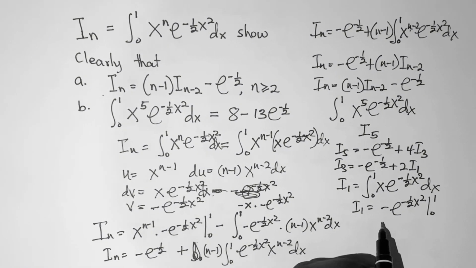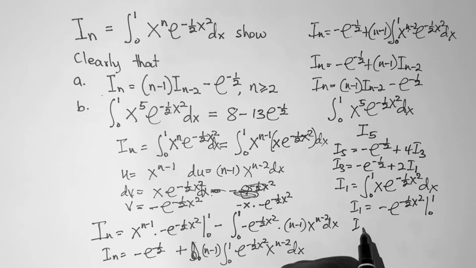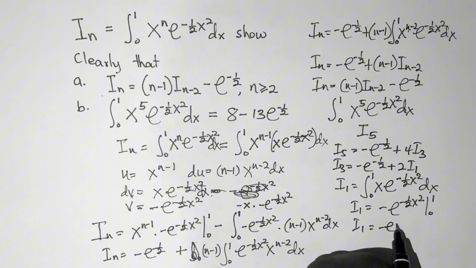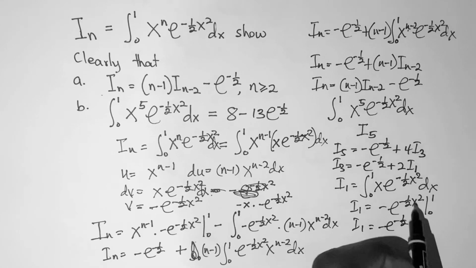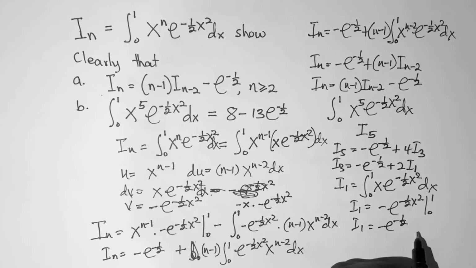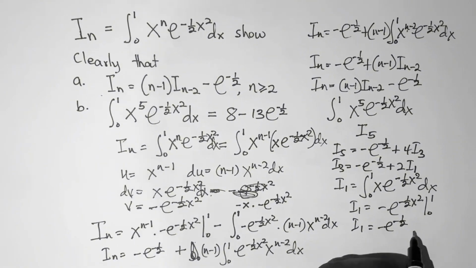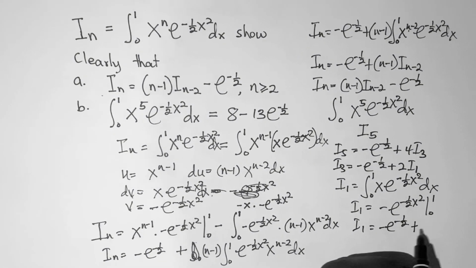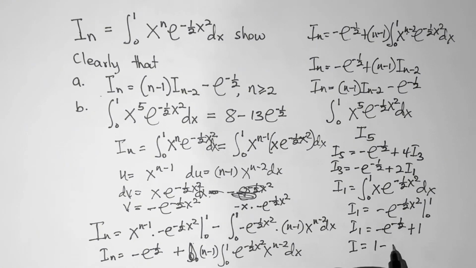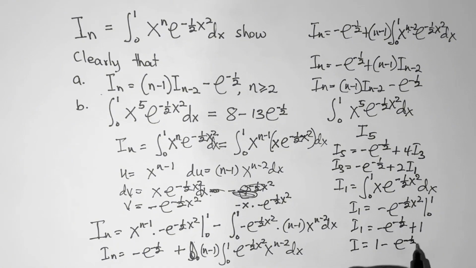Now, if you put in 1 here, I of 1 is equal to minus exponent minus 1 over 2. 1 squared is 1, so we'll get this. And then if you put in 0, all of this will go to 1, so we'll get plus 1 here. So I1 is equal to 1 minus exponent minus 1 over 2.